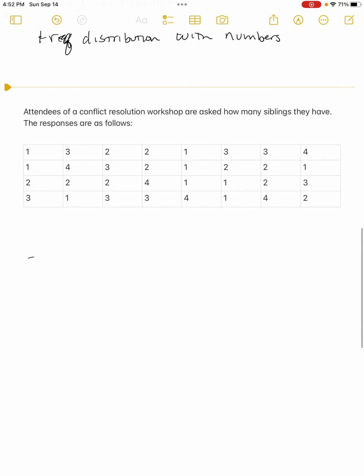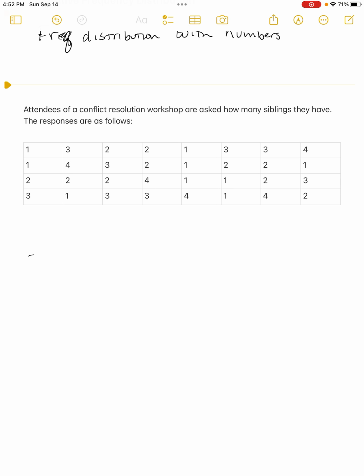Because I should be able to count them. So it's the same thing. I'm going to write down every unique number that I see and then count the number of times I see it. So this is a problem that's in the book. Attendees at a conflict resolution workshop are asked, how many siblings do you have? And then they just recorded their responses. Well, that's kind of a scattering of responses, so what would be best is to organize it in a frequency table.